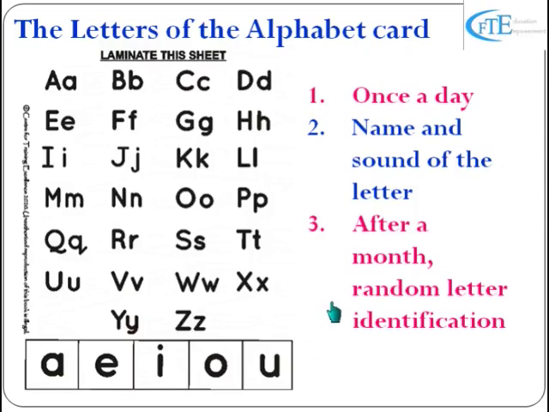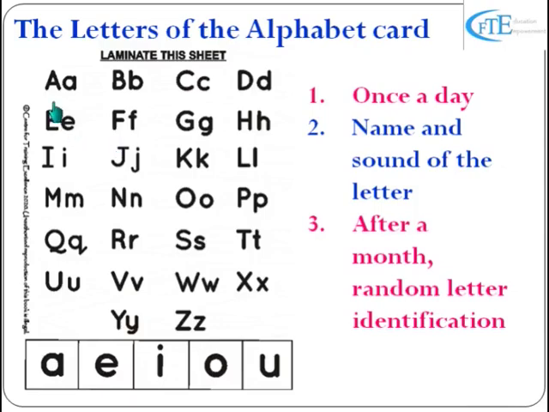Now, we are going to begin with the first everyday activity that we do with a toddler. You will need an A4 sheet on which all the letters of the alphabet have been typed out, and at the bottom we have the vowels.